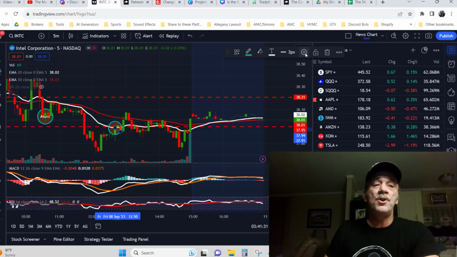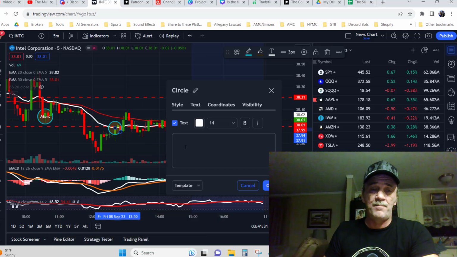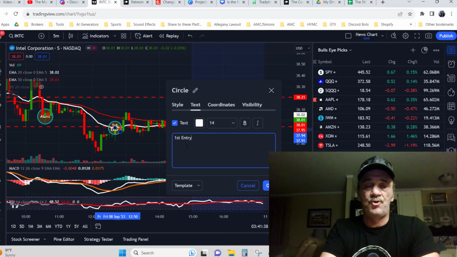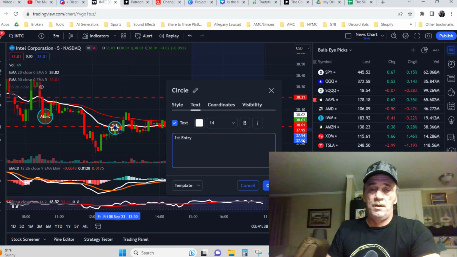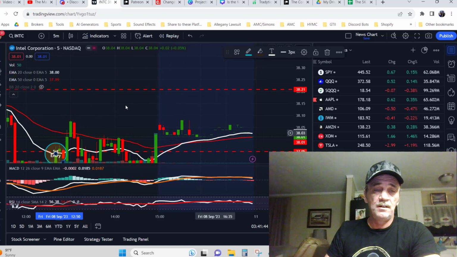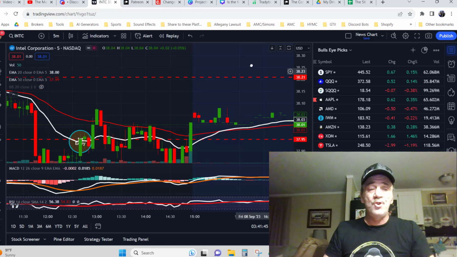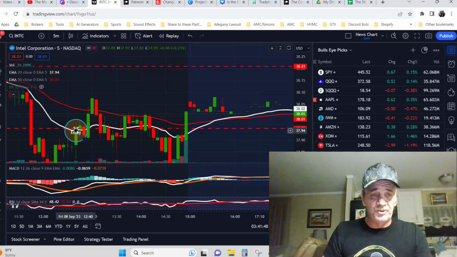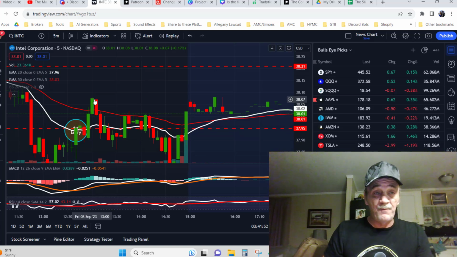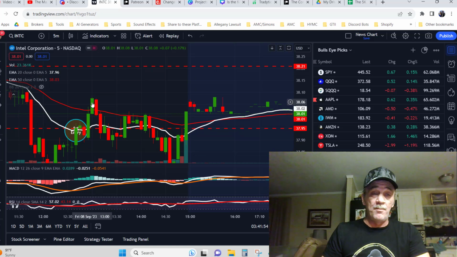And what do you do? You come to your gear and you type in what? First entry. And as you can see, once you entered according to your rules, it came up, it bounced over the 50 EMA, and that would have been a time for you to sell on this candle right here.